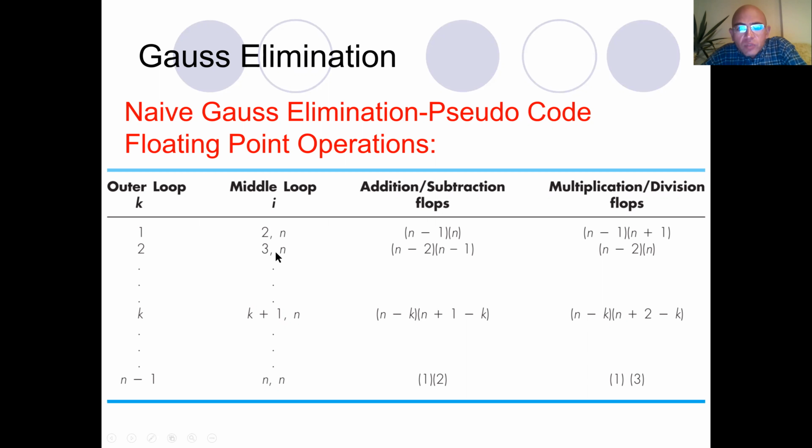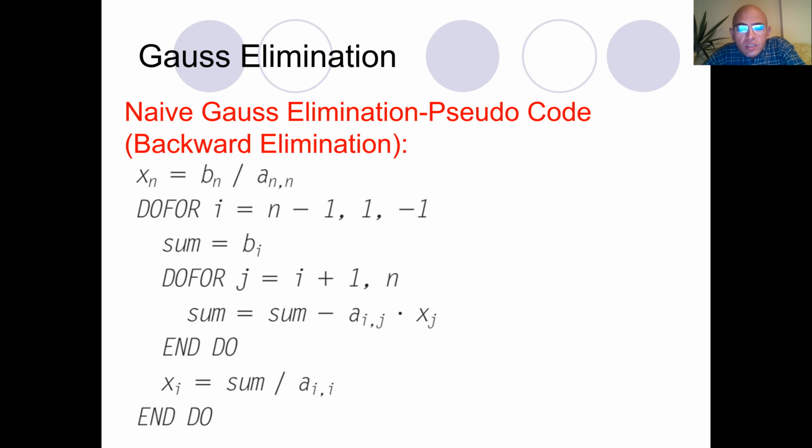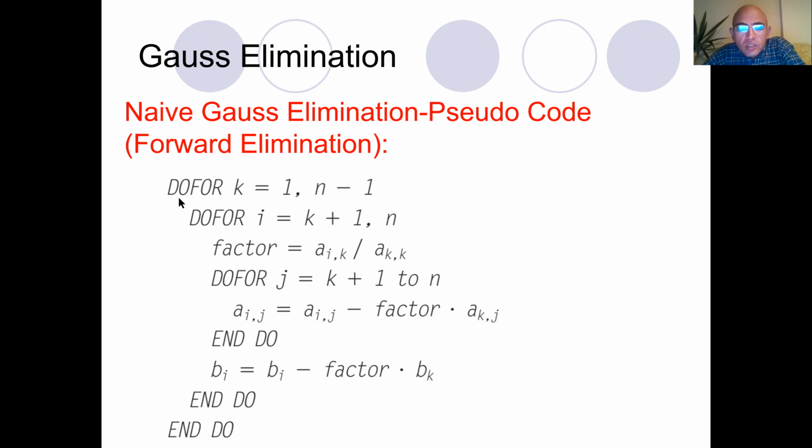Of course, the number of operations is important. So as you see, we have different loops here. We have the outer loop, next the inner loop, and we have the jth loop in the forward elimination. And let's see how many operations we have. For example, we have n-1 here, and then we do it from k plus 1 to n, then j goes from k plus 1 to n, and here we make another operation.